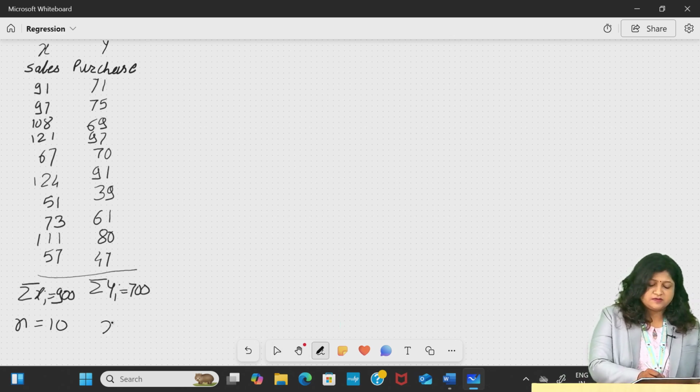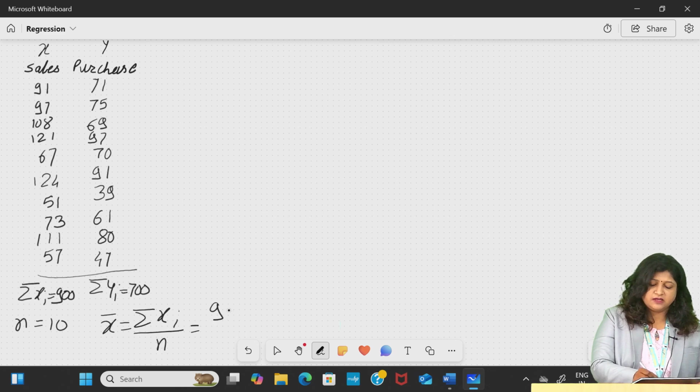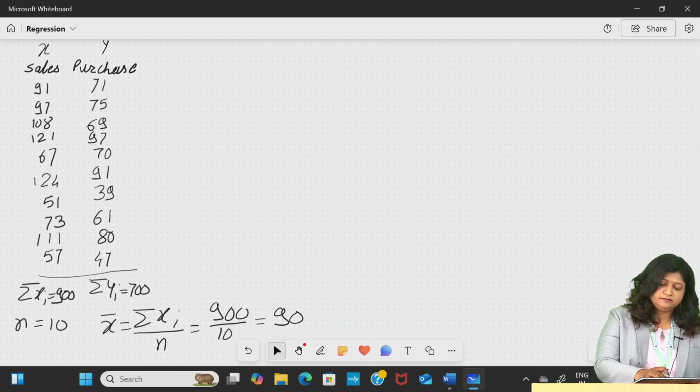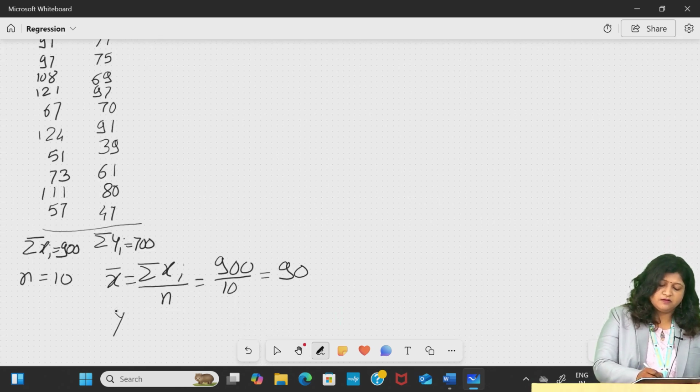So x bar is equal to summation of xi upon n, that is 900 upon 10, that is 90. Similarly, y bar is equal to summation of yi upon n, that is 700 upon 10, that is 70.